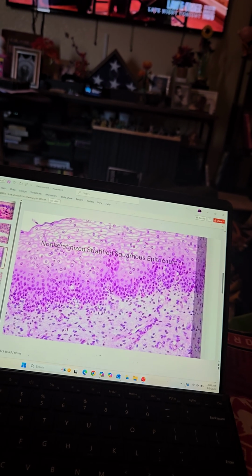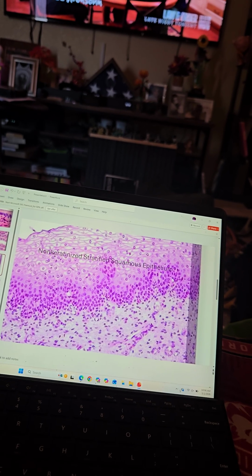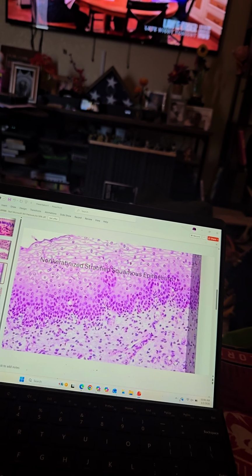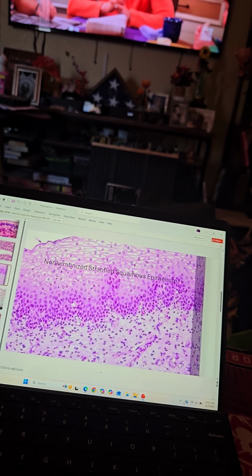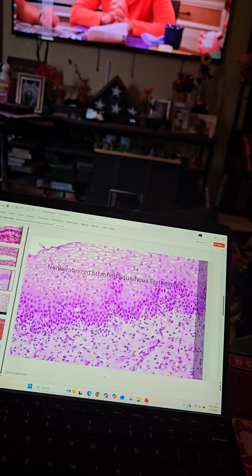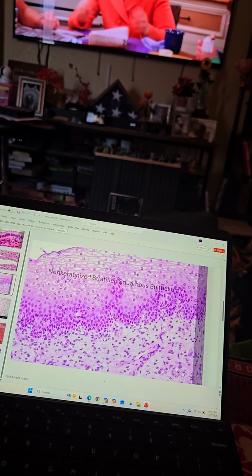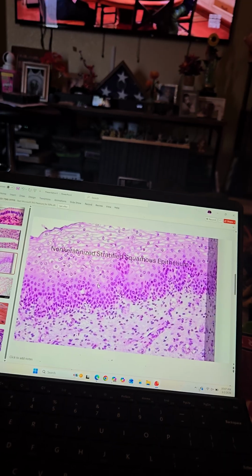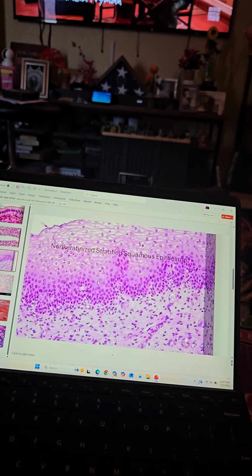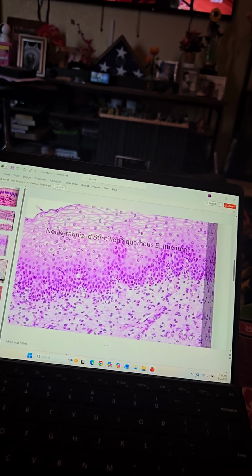You can see how it has multiple cell layers, which is also indicative of this type of epithelium. So it resists abrasion and penetration of pathogens. These ones you can find in the tongue, the esophagus, and the vagina.